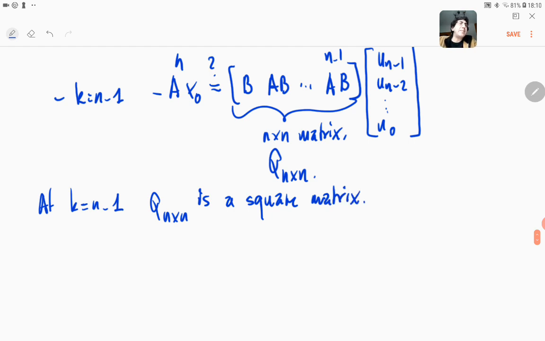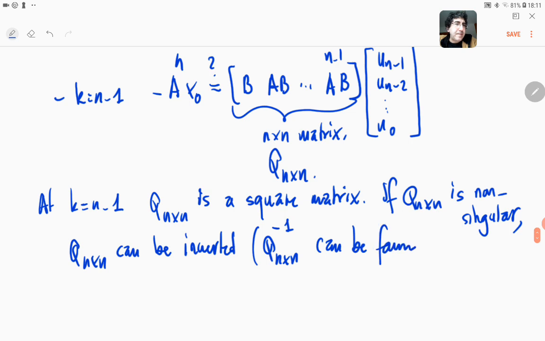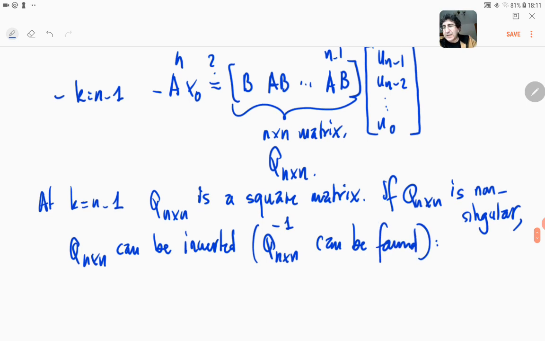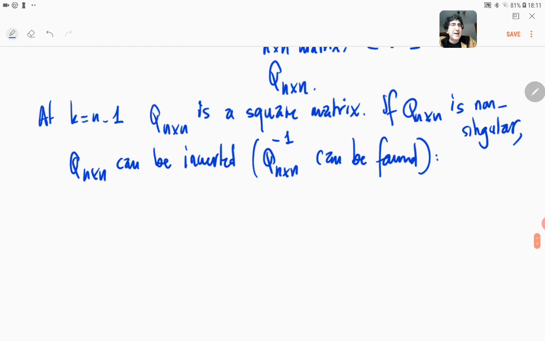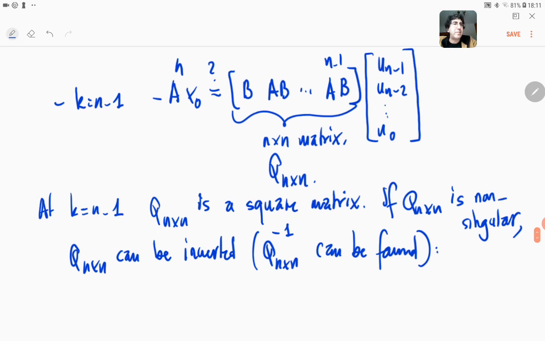Now let's see what happens if this matrix is non-singular. If Q n by n is non-singular, Q n by n can be inverted. That means Q n by n to the power minus 1 can be found. So what that means is that I can actually multiply both sides of this equation by the inverse of Q n by n.